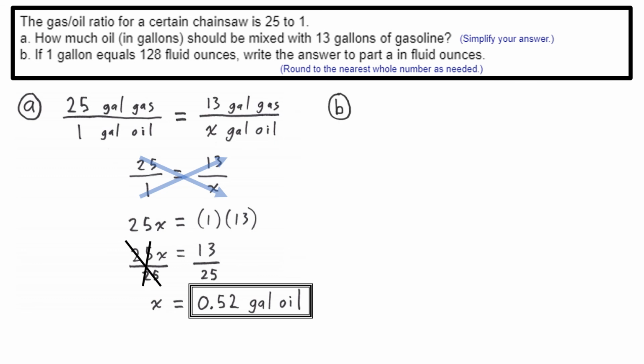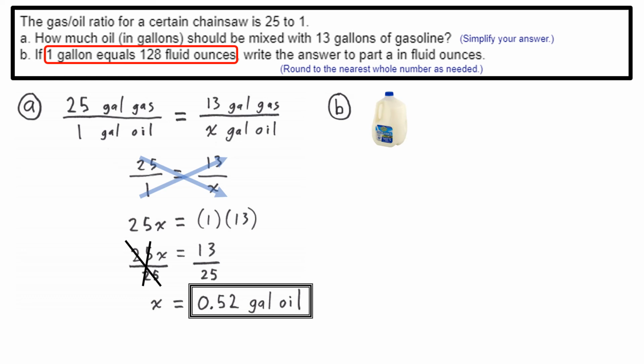Now on to part B. If 1 gallon equals 128 fluid ounces, write the answer to part A in fluid ounces. The key is that they're giving us the conversion factor from 1 gallon to fluid ounces. And we can think about a gallon. I'm going to think about a gallon of milk because I think it's something that most of you have visualized.